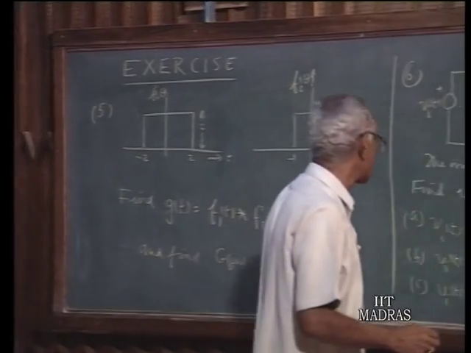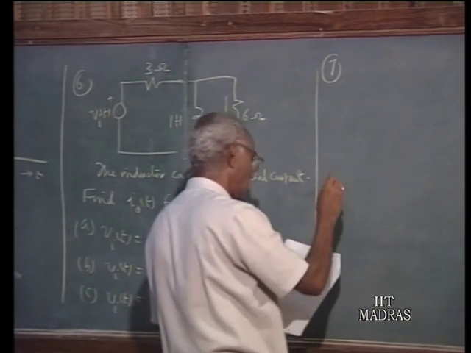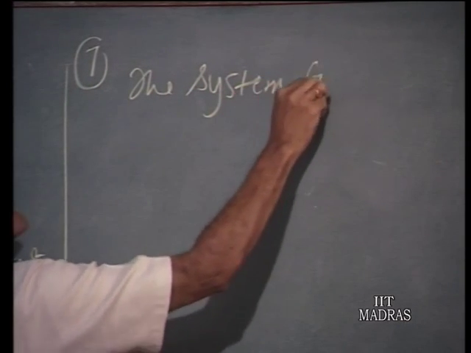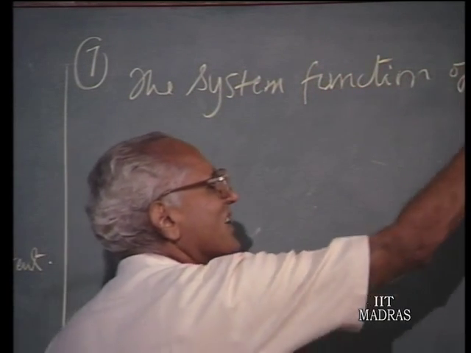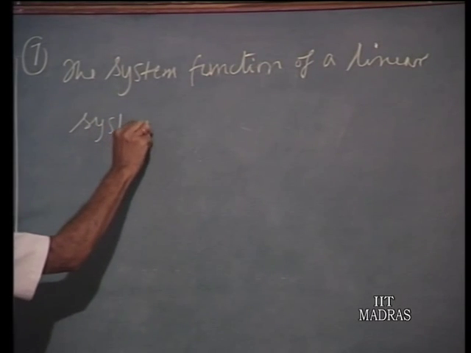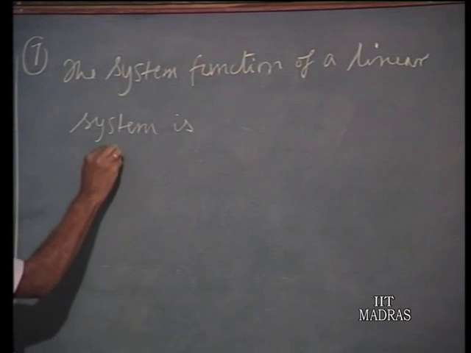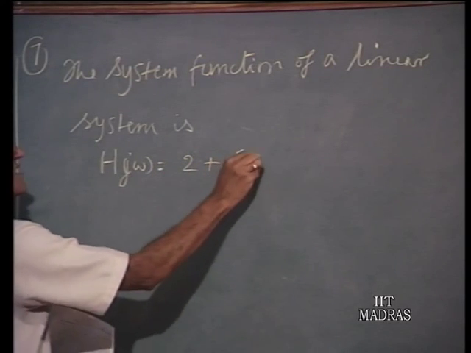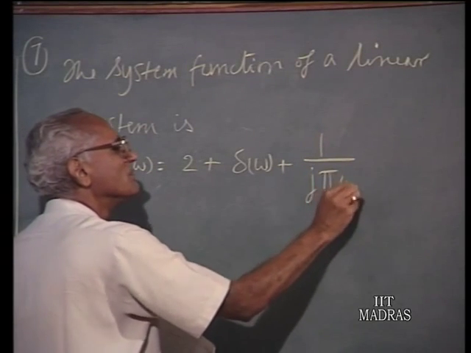This is the transient analysis of this problem. Seven, the system function of a linear system is H of j omega equals 2 plus delta omega plus 1 over j pi omega.